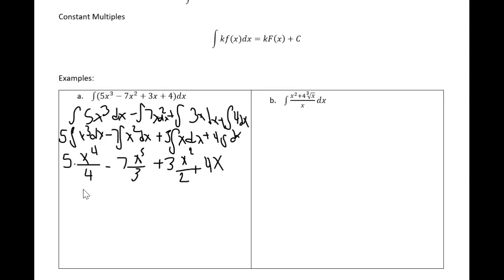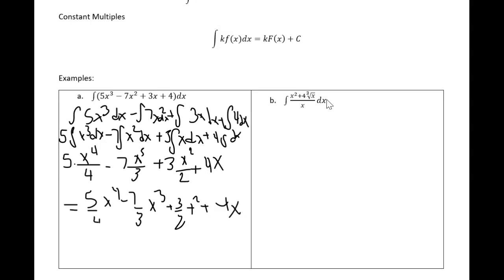So if we simplify this fully, we've got our final solution that the integral of that polynomial is equal to 5/4 x to the 4th minus 7/3 x cubed, plus 3/2 x squared plus 4x.